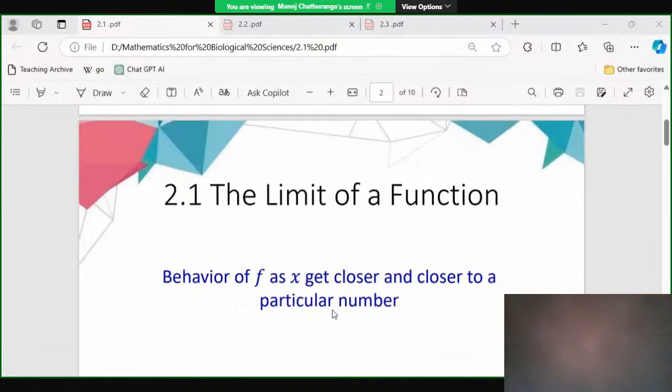Limit of a function is a discussion about the behavior of a function at a breaking point, especially. So let's forget about breaking points for a second, and let's call the limit of a function the behavior of the function as x gets closer and closer to a particular number. So let's say this particular number is 5, then we say the limit of f as x reaches 5.